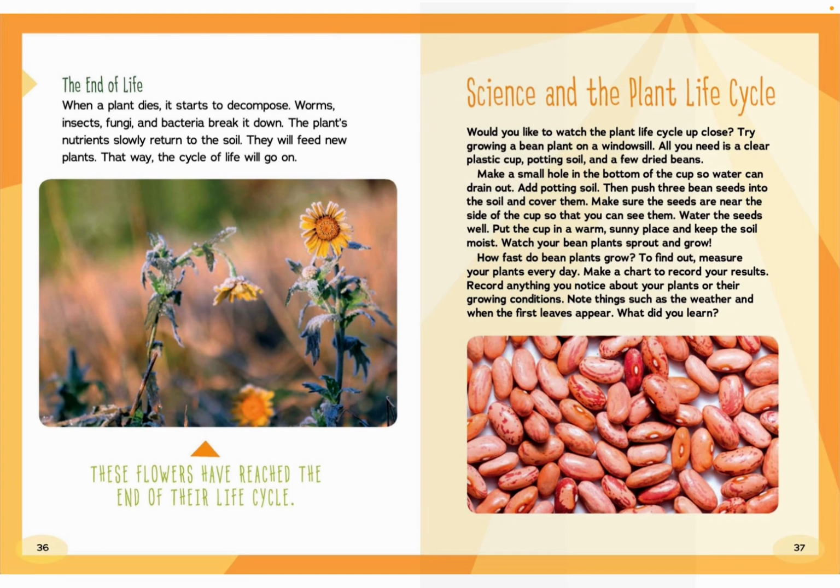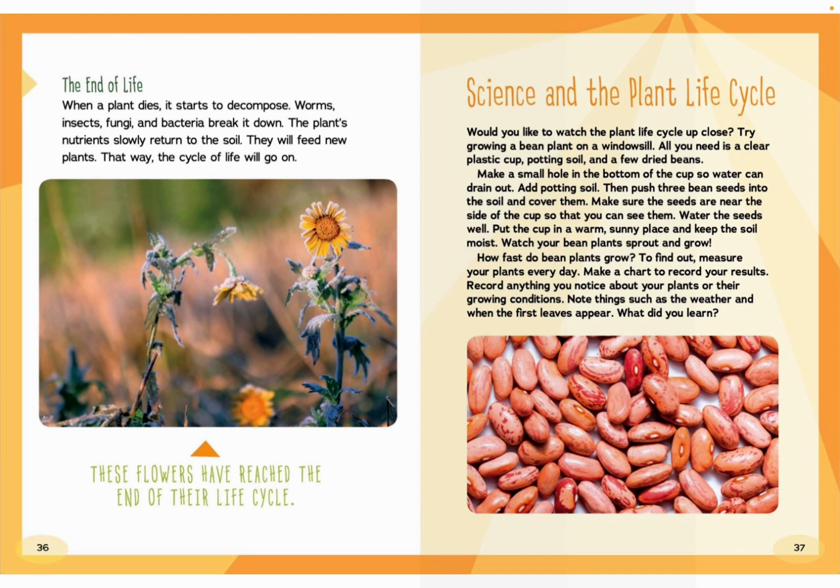Would you like to watch a plant's life cycle up close? Try growing a bean. Place it on a windowsill. You'll need a clear plastic cup, cotton or soil, and a few dry beans. Make a small hole in the bottom of the cup so water can drain out.